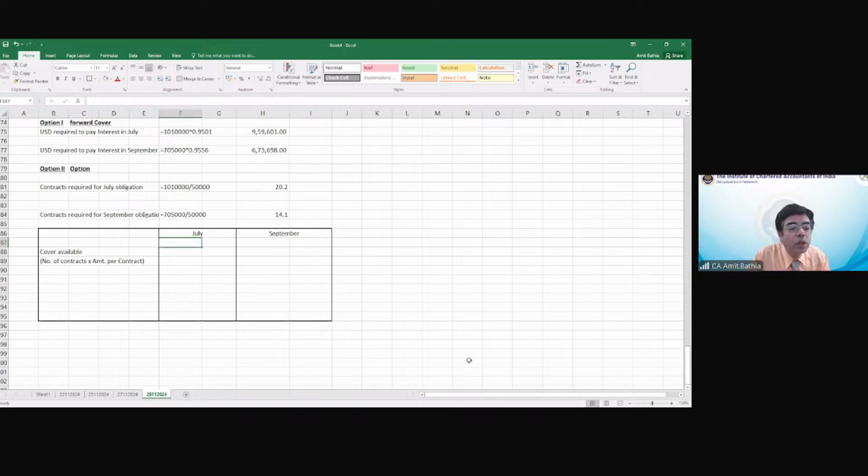The currencies here are Canadian dollar and US dollar. So cover available is for 20 contracts into 50,000, right?